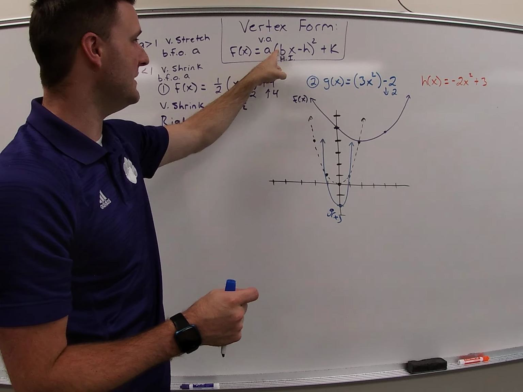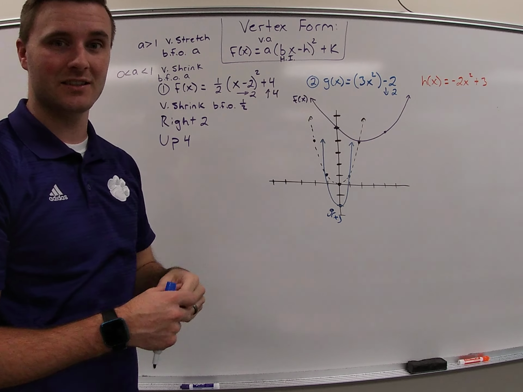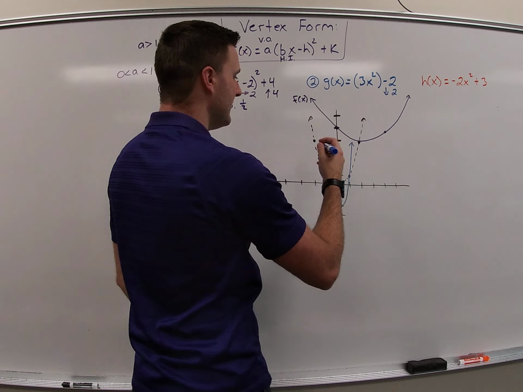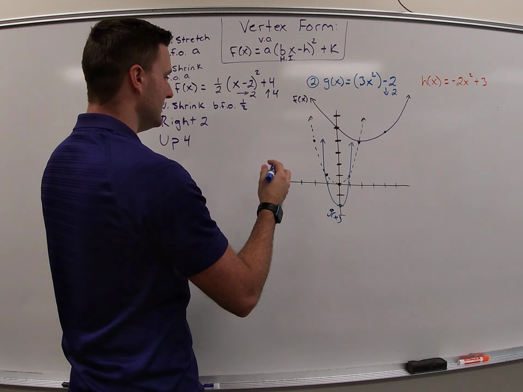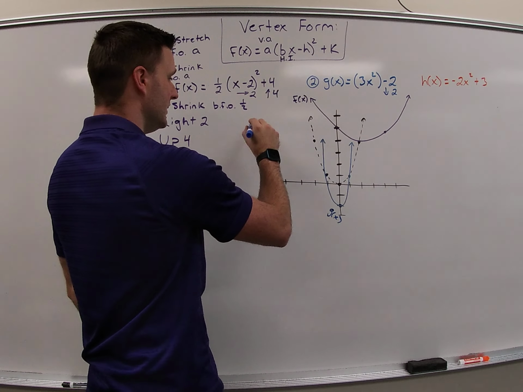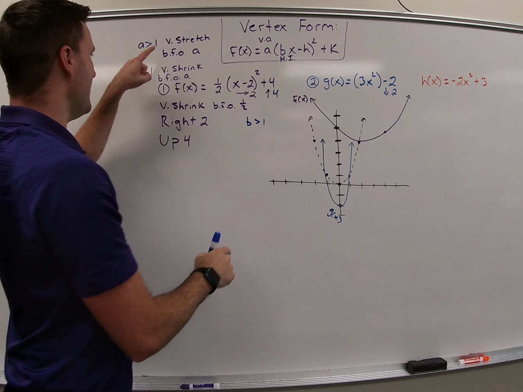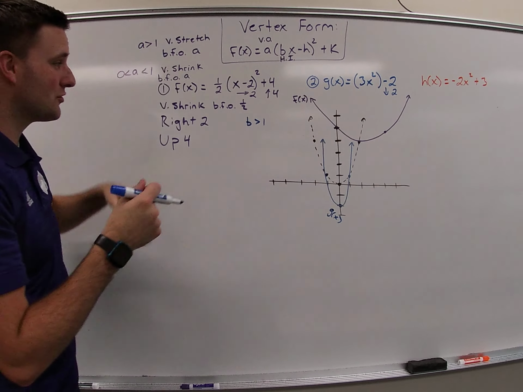So when we see a letter B, a number attached to x, on the inside of the parentheses, this is letter B. We have some more notes that we need to know. So for example, when B is greater than 1, it's backwards. It's now a horizontal shrink.